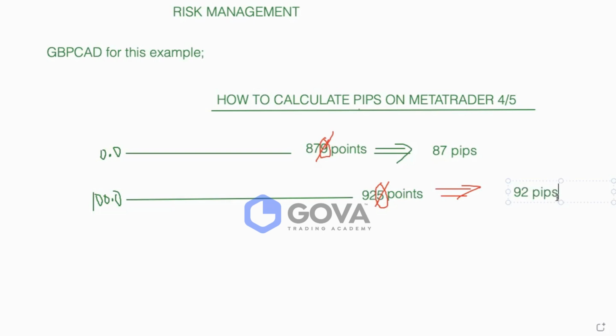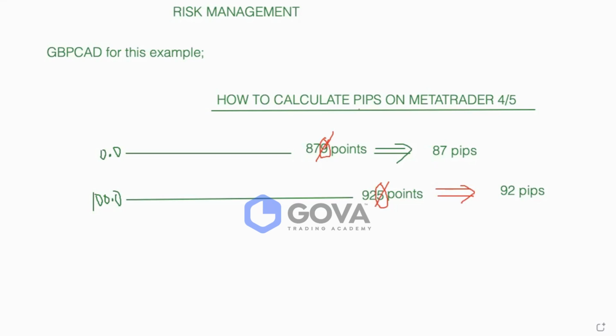What we have left is 92 pips. Do you understand, guys? 92 pips. So guys, that is how to calculate your pips on either MT4 or MT5 by throwing the last number out.